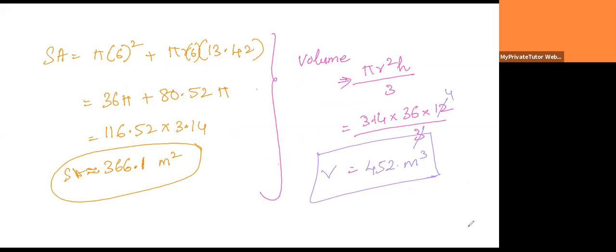You might have one more question in cone. We just learned how to find the surface area and volume if height and radius are given. What if the slant height is directly given? For example, let's say this is 5 centimeters and this is 10 centimeters. This is a slant height, not the height.